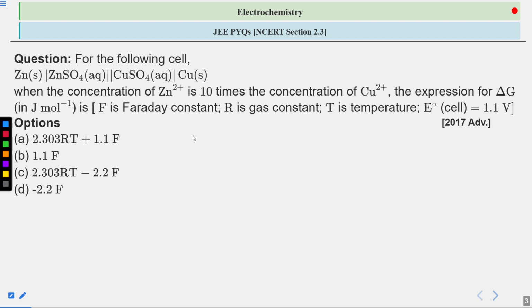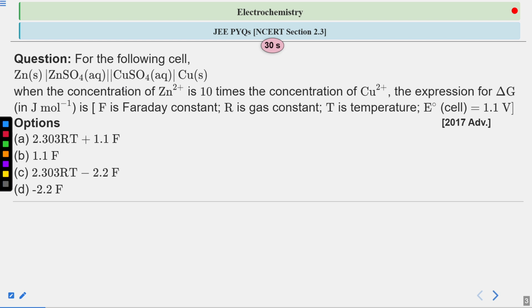So, this question was in the 2017 Advanced examination, and the four options given for this question are 2.303 RT plus 1.1 F, 1.1 F, 2.303 RT minus 2.2 F, or minus 2.2 F. So you have to select the correct expression for the delta G value for the given cell.